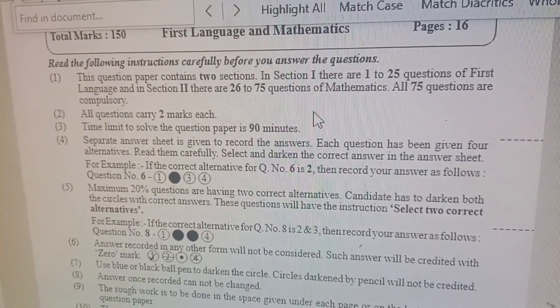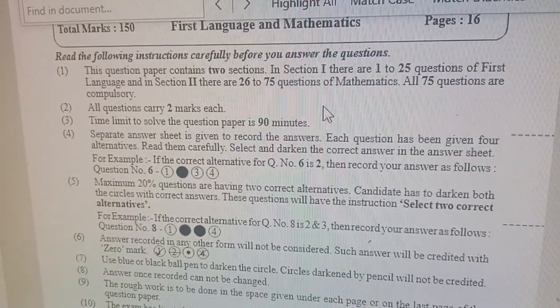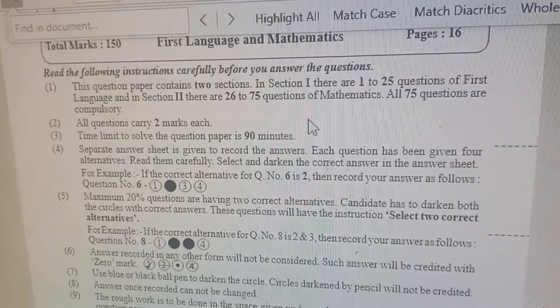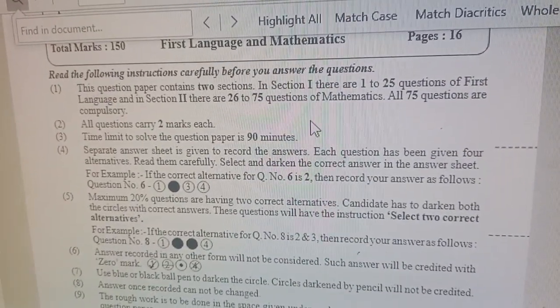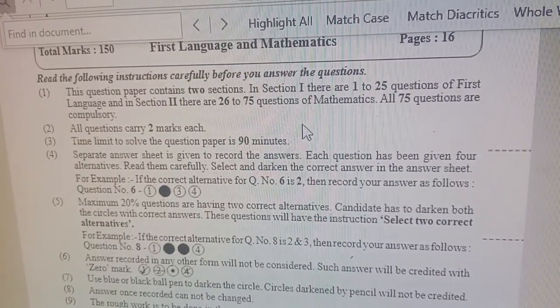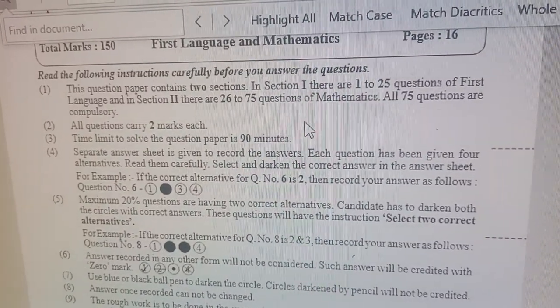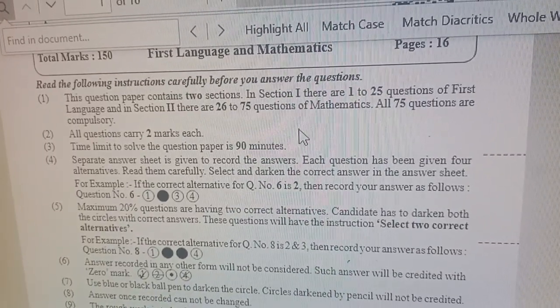And for getting first class, you must learn and practice very carefully. So I will show you the main basic questions and answers from this last year's paper.